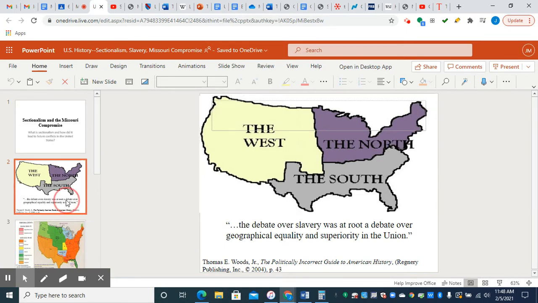But what you start to see is a competition for power between these two sections of the Union, and also kind of with the West as well later on. You start to see slave states concentrated down here in the South, and there were different interests with these states. And you start to see free states concentrated in the North and different interests in the North, generally.